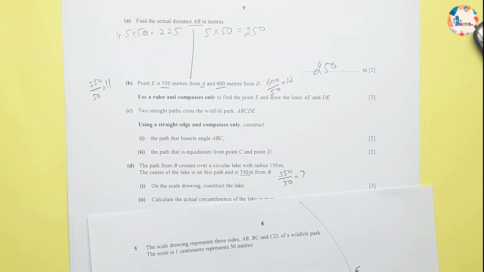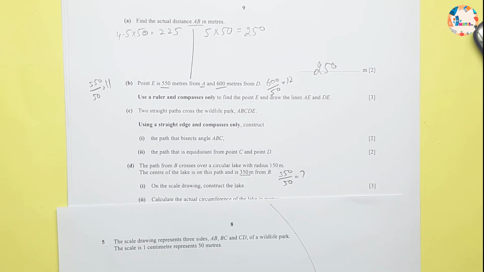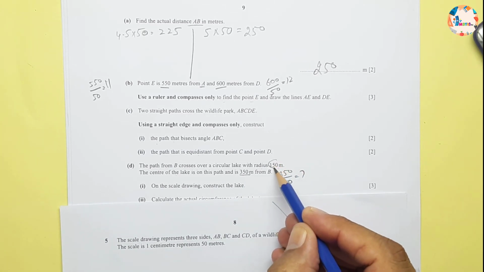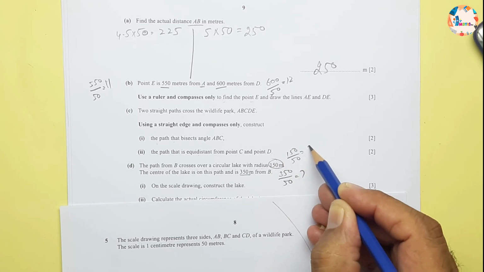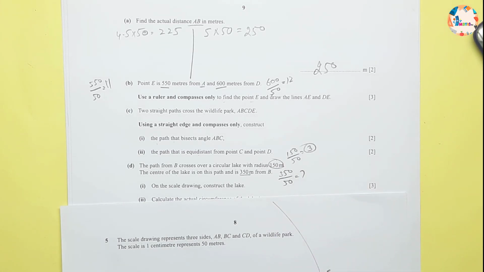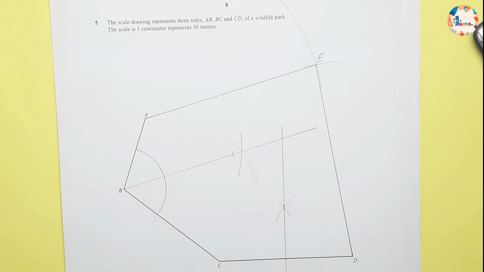The center of the lake is this one, and the lake has radius 150. This radius also we can divide, 150 by 50. This will be equal to 3. So 3 centimeter radius. We have to draw the lake at this location with radius 3 centimeters.